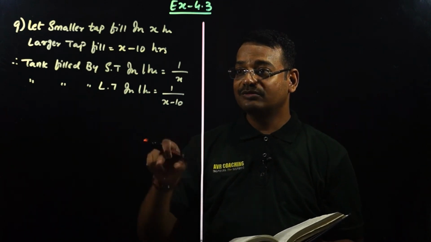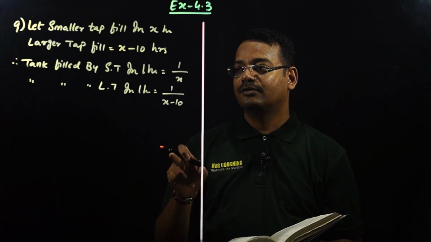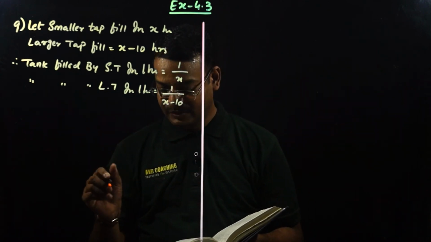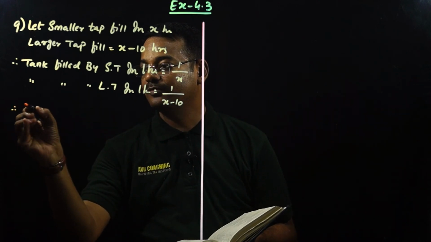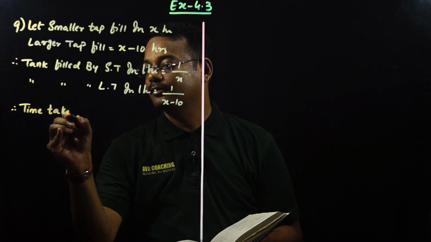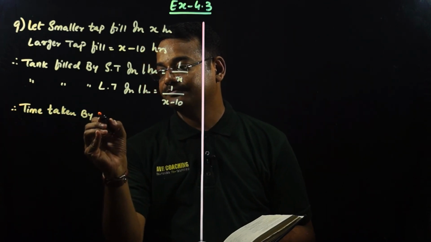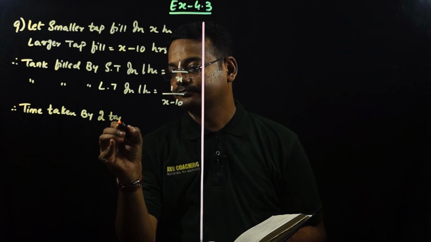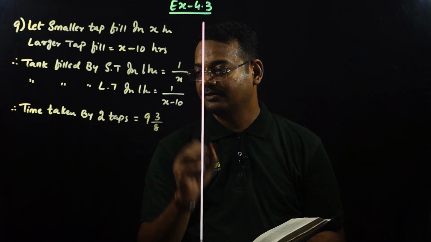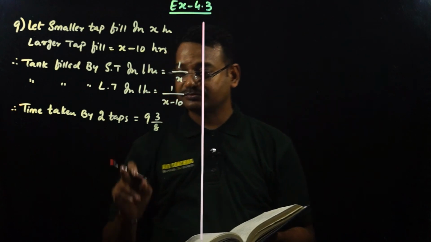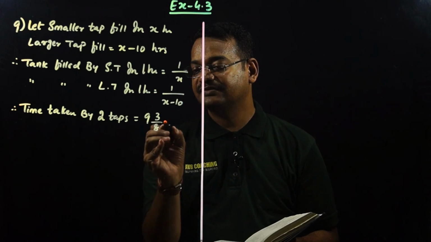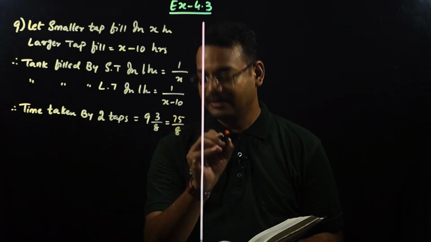Now given that both these taps can fill the tank in 9 3/8 hours, therefore the time taken by two taps is equal to 9 3/8. 9 3/8 is equal to 75/8.